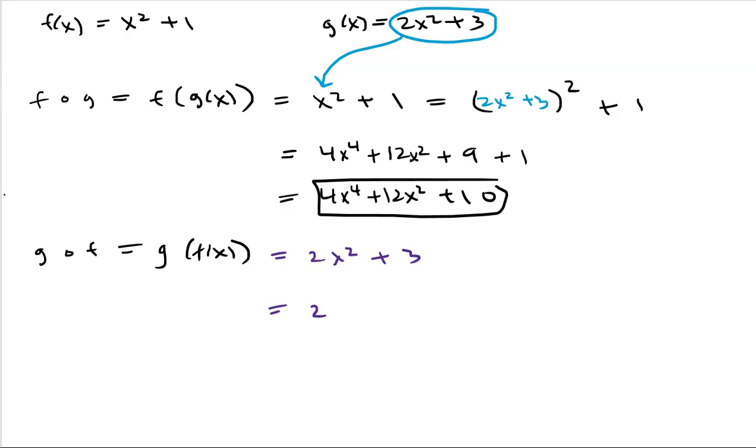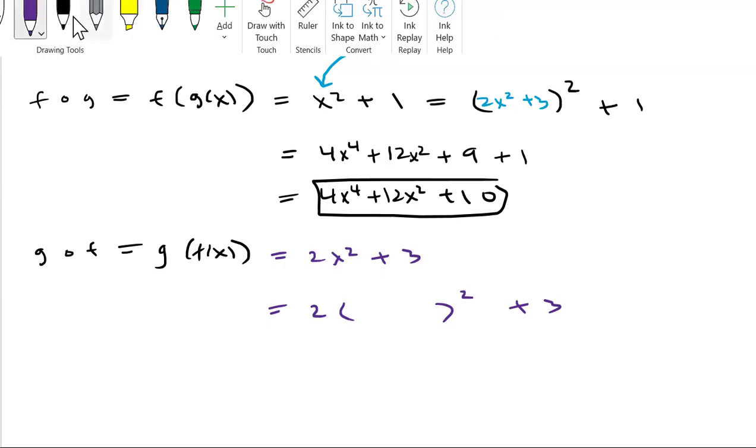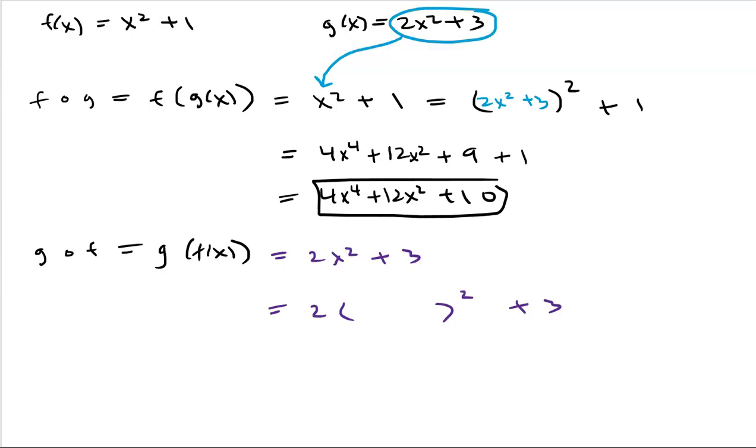So this is going to be 2 times parentheses squared plus 3. So what I put in that parentheses is my f of x, which in this case would be x squared plus 1.